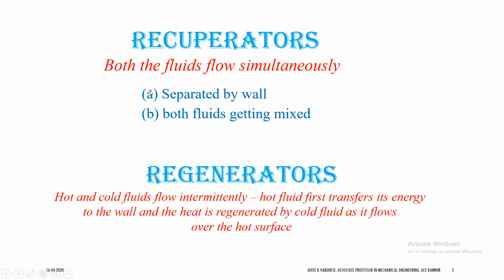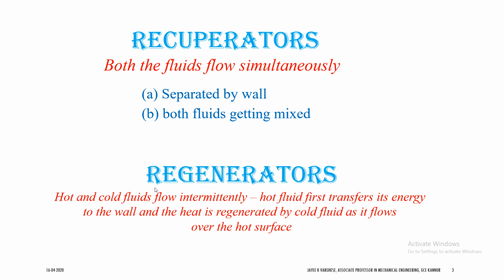Something which is common for both these types is that both the hot and cold fluid will be flowing simultaneously through the heat exchanger. That's what we call recuperators. Another type of heat exchanger, even though not very common in usage nowadays, is called a regenerator. In regenerators, the hot and cold fluids will be flowing on the same surface intermittently.